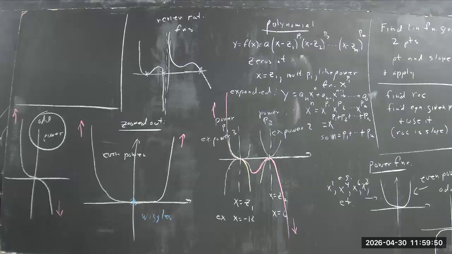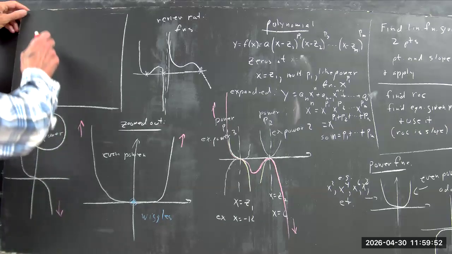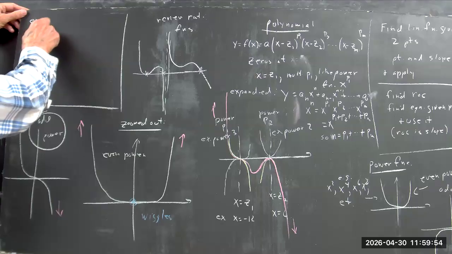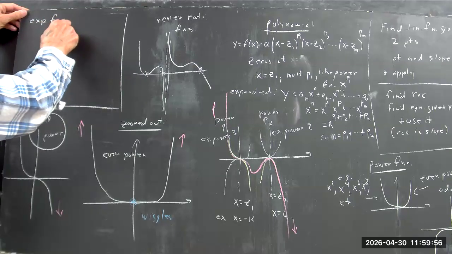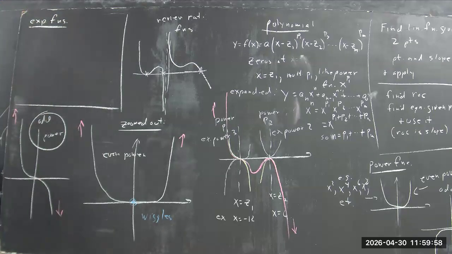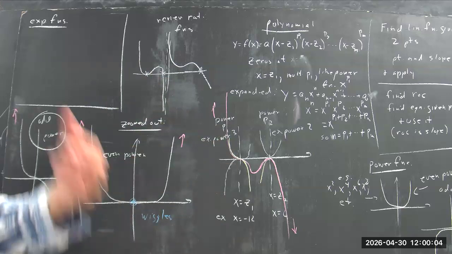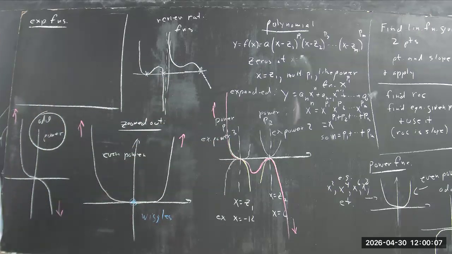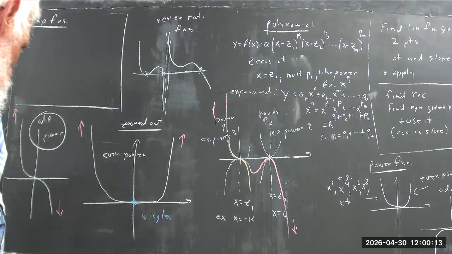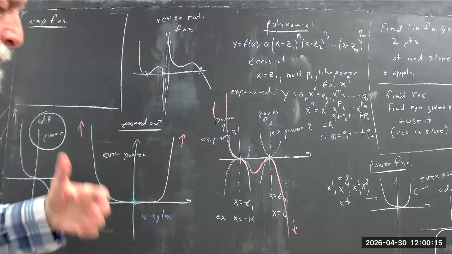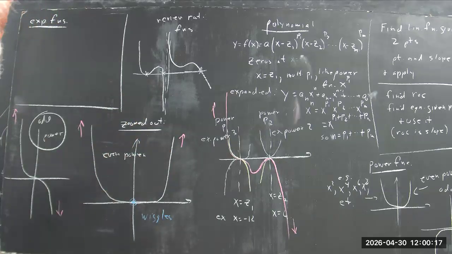Then we move into exponential functions. Again, we saw at the beginning that these are like y equals b to the x, or a b to the x, or a e to the kx, or a times 2 to the kx.